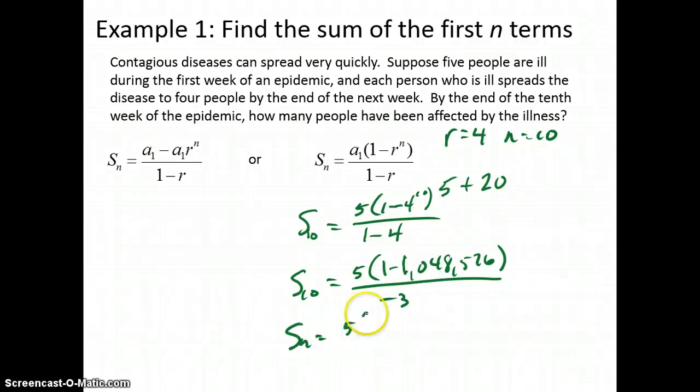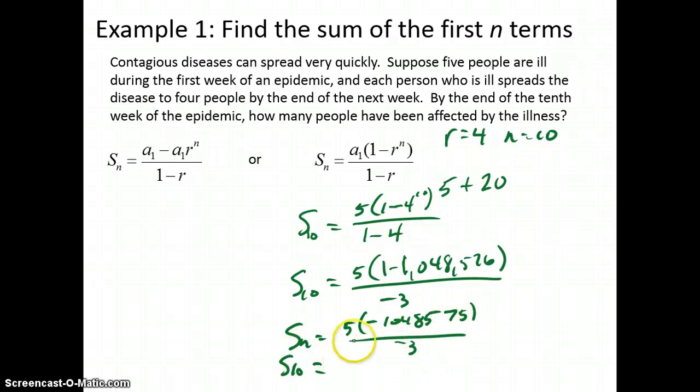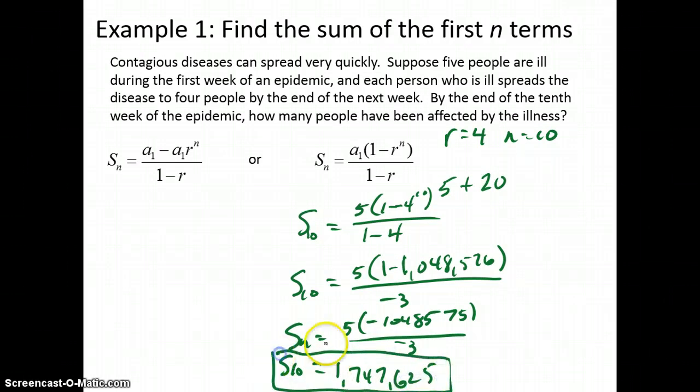So 5 times 1 minus this is going to be -5,7,5, and then that's all divided by -3. When we multiply this together and simplify, we get our answer to be 1,747,625. So again, it comes down to identifying variables, plugging them into the formula, and solving it out.